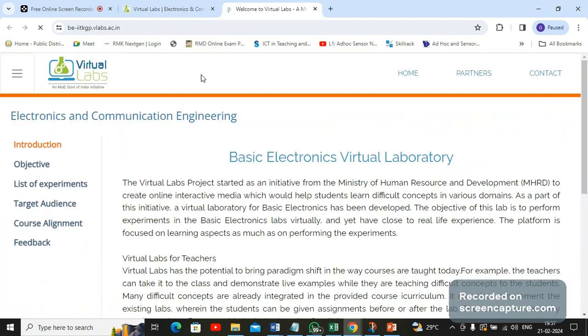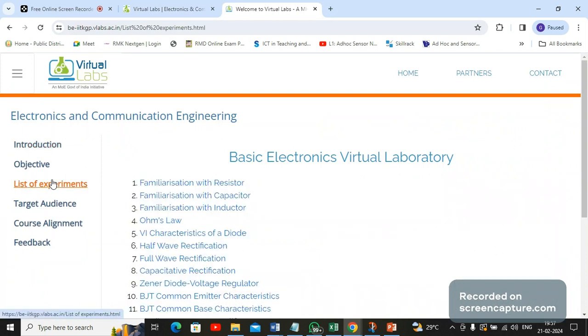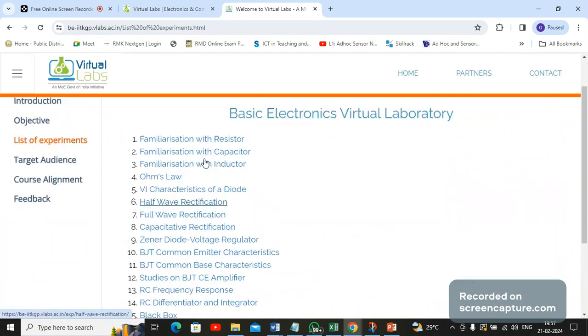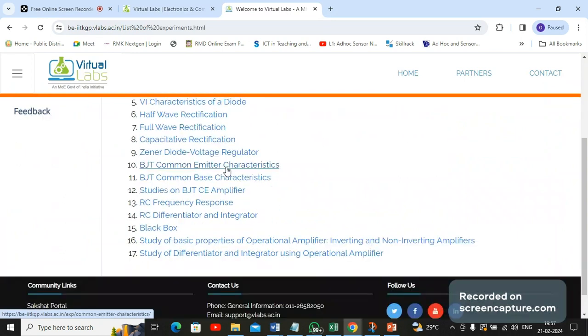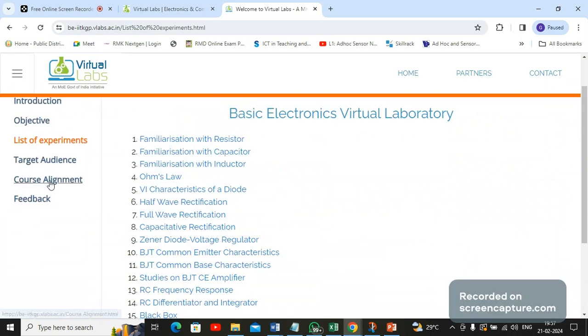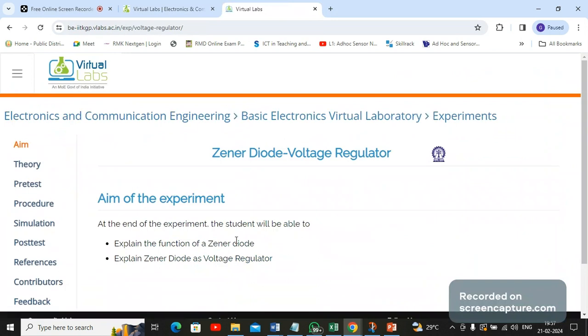It will take us to the virtual lab of IIT Kharagpur. Here they have given the list of experiments. Very good. Here we have the familiarization of resistor, inductor, capacitor, diode, application of diode, Zener diode, transistors, everything is here. Now we are getting into the Zener diode as a voltage regulator.